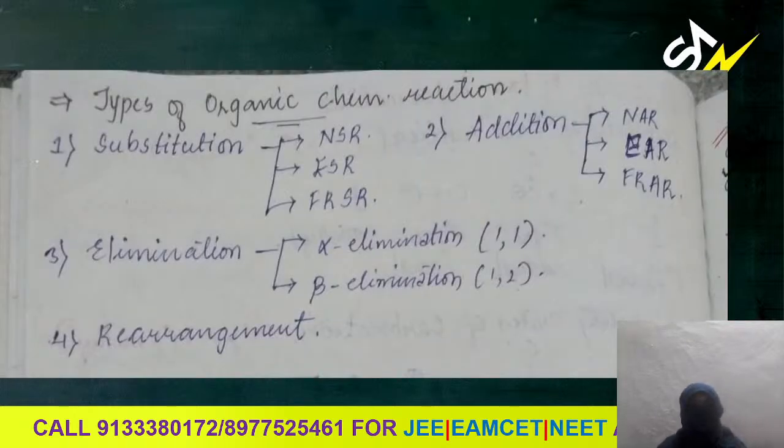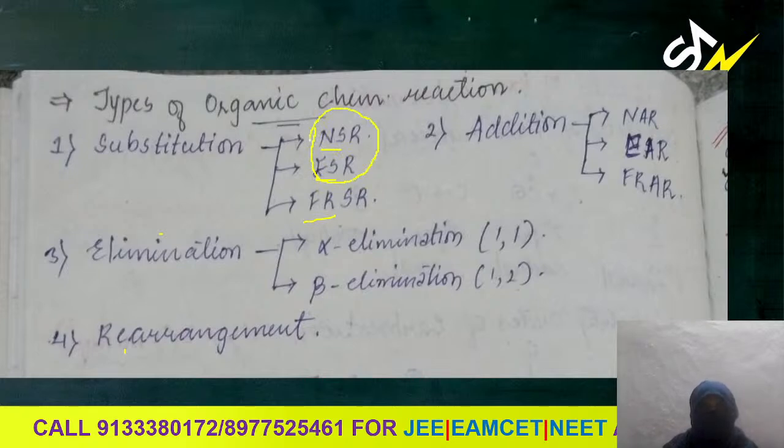Let us give a brief introduction to the types of organic chemistry reactions. I already told you that there are 4 types of reactions: the first is substitution, second is addition, third is elimination, and fourth is rearrangement. Substitution is again three types: NSR, ESR, and FRSR, which we discussed on Tuesday's topic.